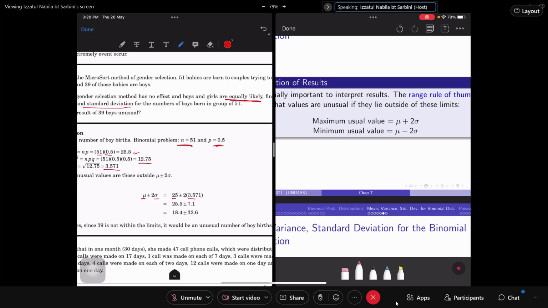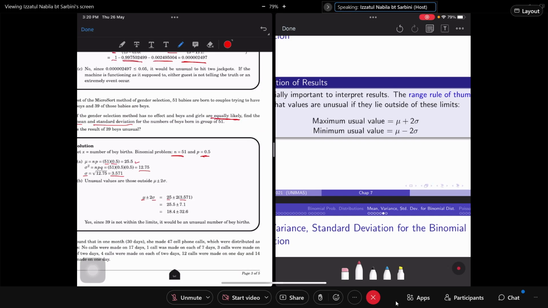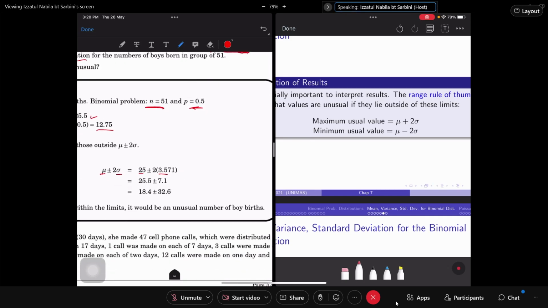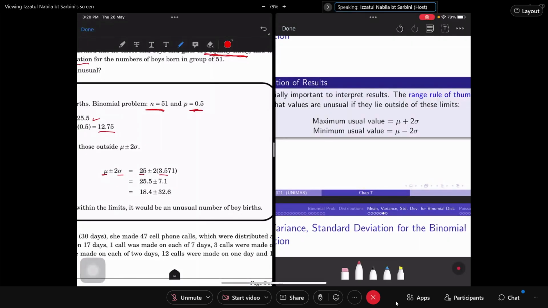So you calculate and you need to check whether 39 is within or outside the interval. So in this case, 39 is outside the interval. So we can say that it would be an unusual number of boy births.